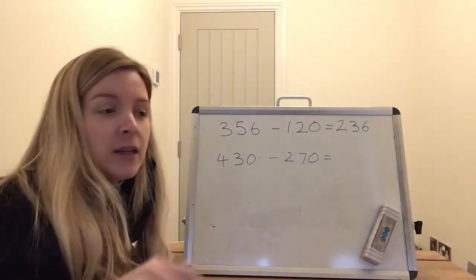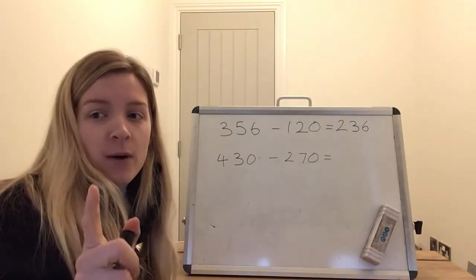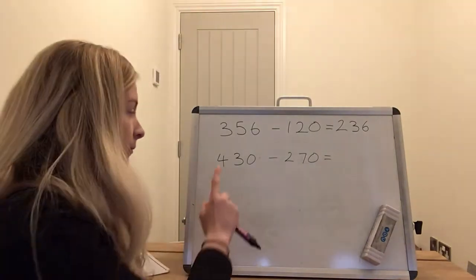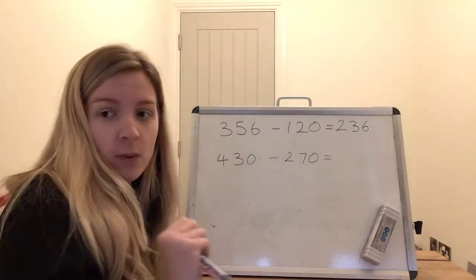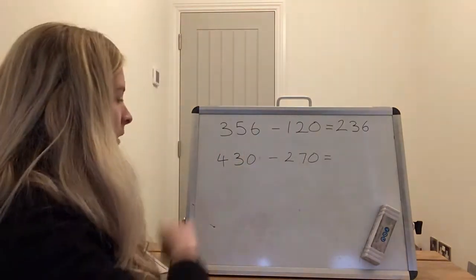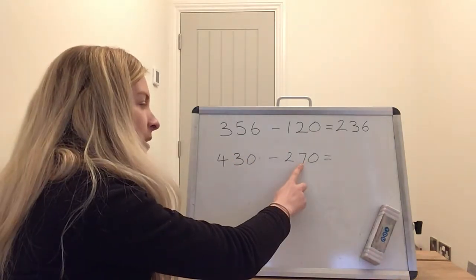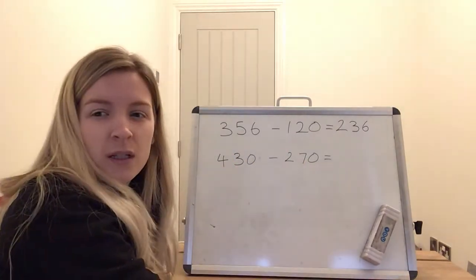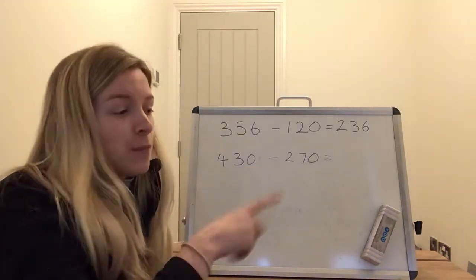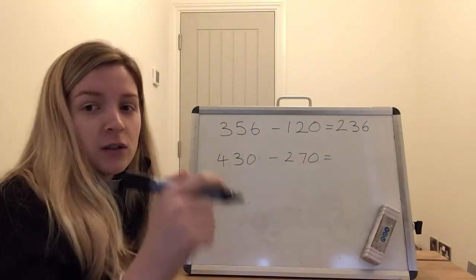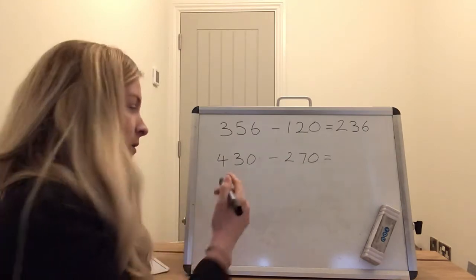Let's check to see whether we can use our partitioning strategy. 400s take away 200s. Yes, we can do that quite easily. 3 tens take away 7 tens. Oh, that isn't so easy. So for this one, we might have to go back to the strategy we've been using the last couple of days and find the difference.